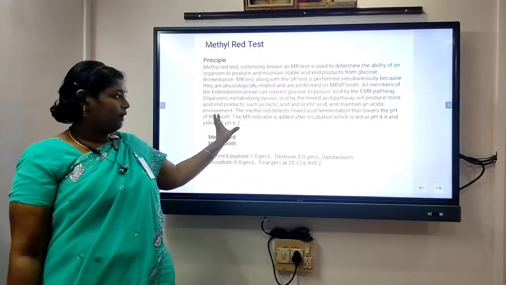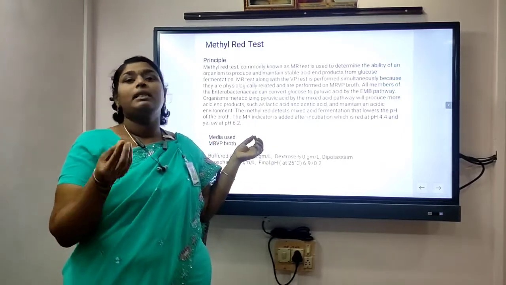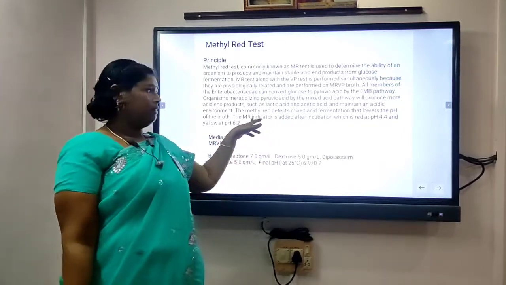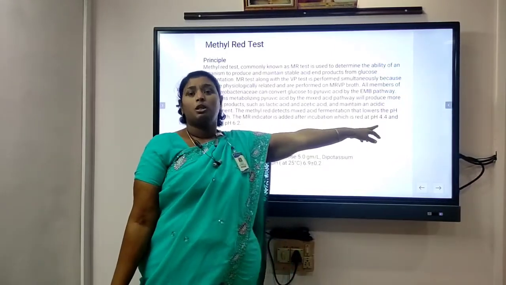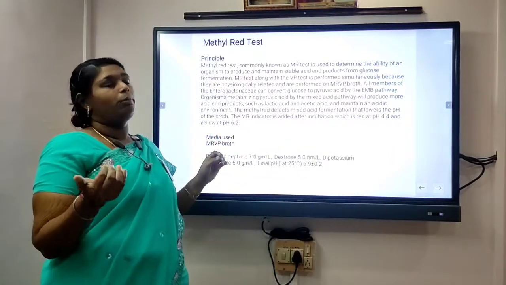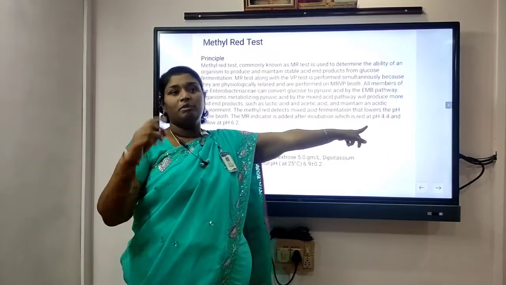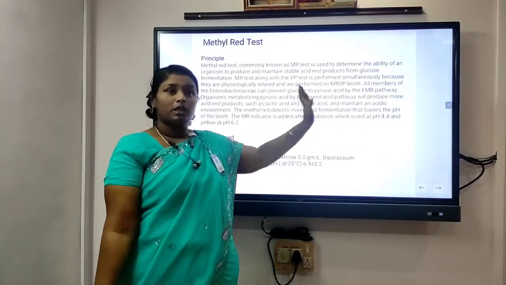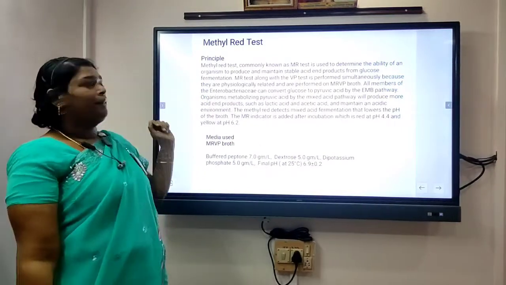That acidic environment can be detected by adding the methyl red reagent, which detects the low pH. The pH will be 4.4, which is a low pH. At that pH, the methyl red converts the medium into red color. This denotes the positive reaction. This is the principle of the methyl red test.